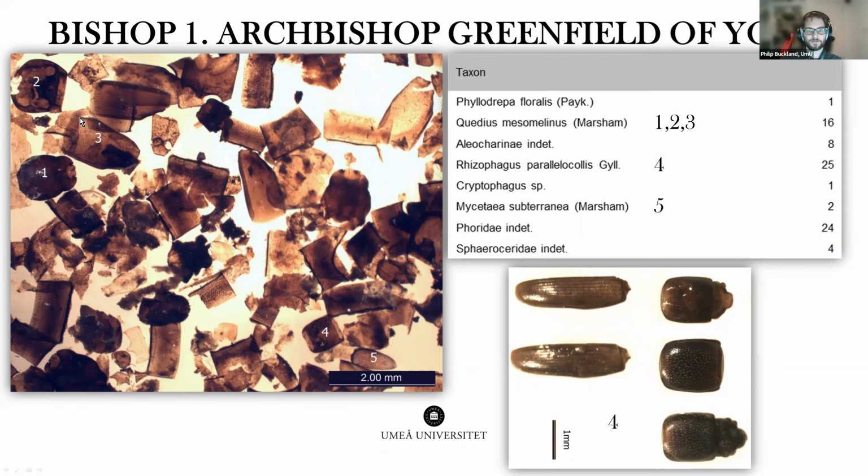So all the bits, and we make basically a puzzle like this down here, where we try to fit all these bits together to get a more reliable identification. A Rhizophagus parallelicollis, there we have a thorax, and Mycetea subterranea, there we have an elytron.